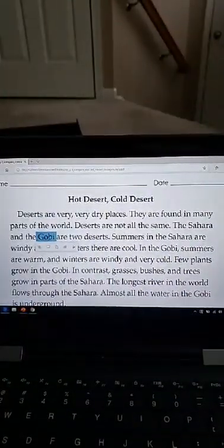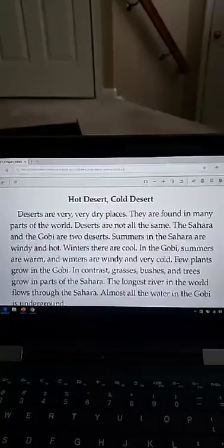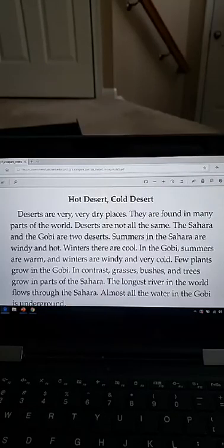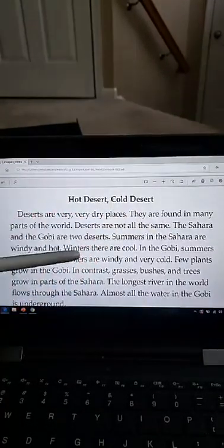And as we read, we want to determine how they compare and how they contrast. The Sahara and the Gobi are two deserts. Summers in the Sahara are windy and hot. Winters there are cool. The "there" they're talking about is the Sahara.